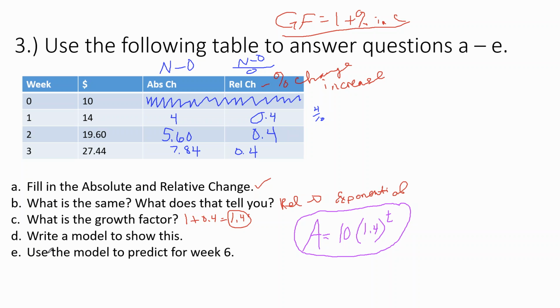So part C, let me figure out what I'm talking about. Week 6, what am I going to do with that 6? Put it in for the t. Yep, because that's time, right? So A equals 10 times 1.4 raised to the 6th power. And depending on your calculator, it might depend on how you plug this in.